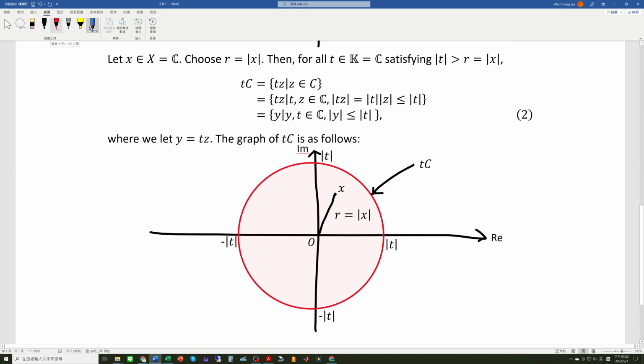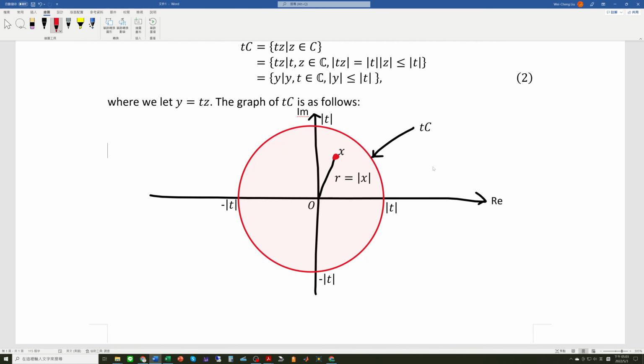I use the red color to draw this point. So you can see that, because r is smaller than the absolute value of t, x is in this disk, so x is in TC.